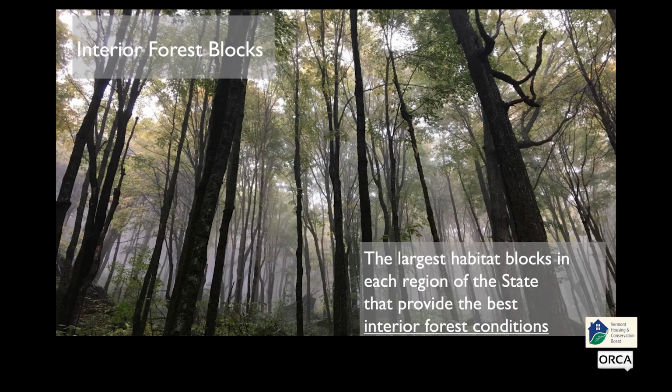In each region, we prioritized forest blocks by size and by the amount of core forest, meaning forest that is at least 200 meters from the edge of the forest block. So you can think about, you map this block, this polygon, and then you squeeze everything in a little bit to where you can get 200 meters away from the edge.